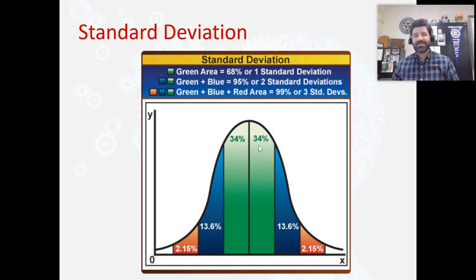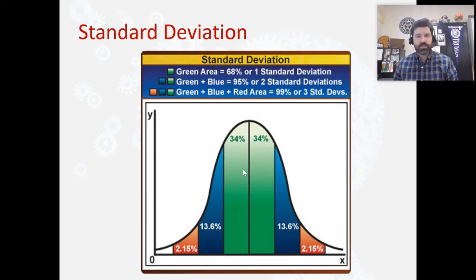What that means is that 34% of the data will fall within one standard deviation above the mean, and 34% will fall within one standard deviation below the mean. Together, these two green areas together means 68% of the information is within one standard deviation.